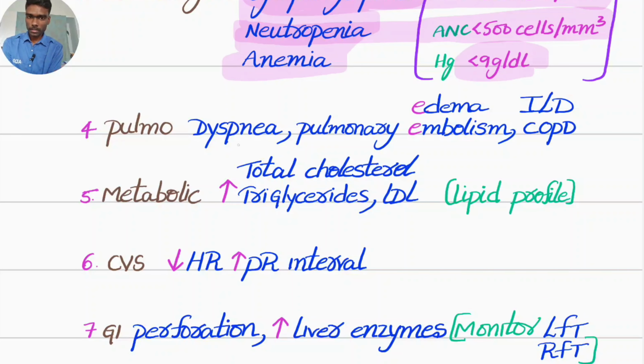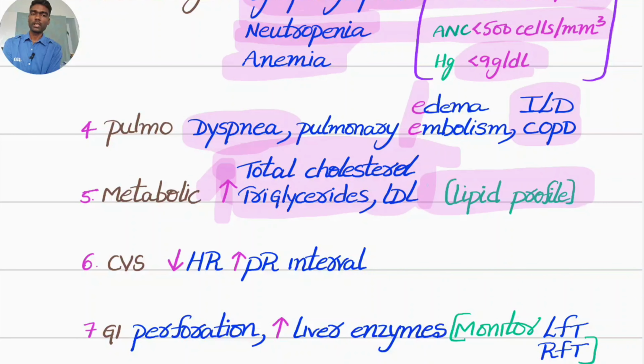Next, pulmonary complications. Dyspnea. Why? Pulmonary edema, embolism, interstitial lung disease, chronic obstructive pulmonary disease. Metabolic derangements like increased total cholesterol, triglycerides, LDL, low density lipoproteins. We have to monitor and check lipid profile prior also.